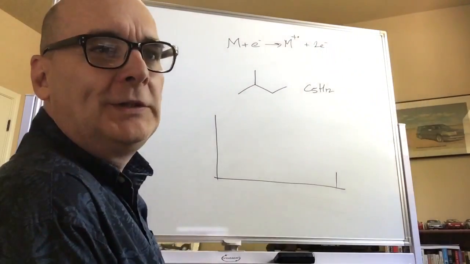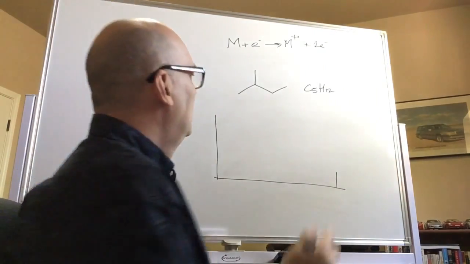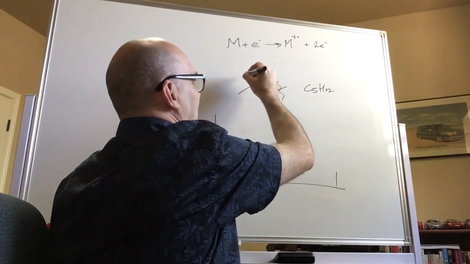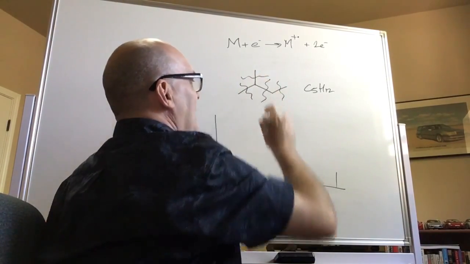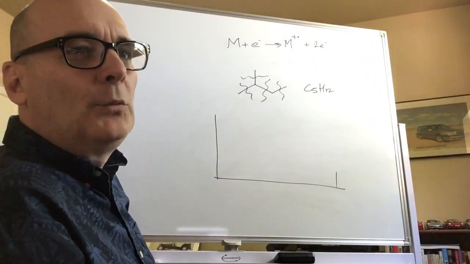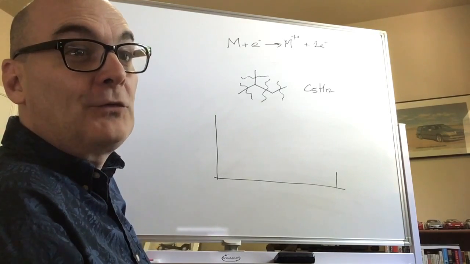But now we're going to see a heavier hand at play, because I can break that bond, I can break this bond, I can break that bond, and I can break that bond. But one of those is going to break preferentially.